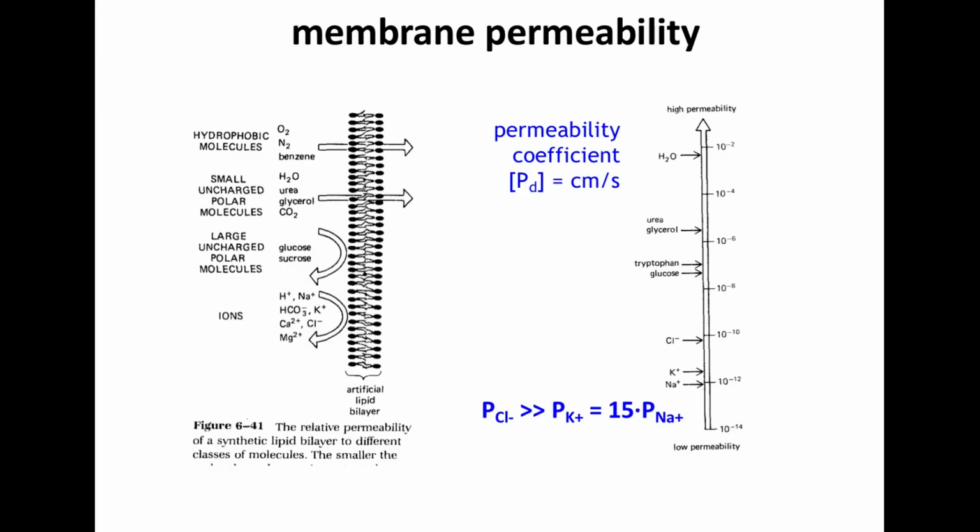The most permeable ion is chlorine with a permeability of 10 to the minus 10 centimeter per second. And then in a sequence, we have potassium and finally sodium, which has a permeability of 10 to the minus 12 centimeter per second. Hence, what we have to conclude here is that cell membranes are hardly permeable for ions. And in particular, there is also a sequence of ions where chlorine has the highest permeability, followed by potassium, followed by sodium.